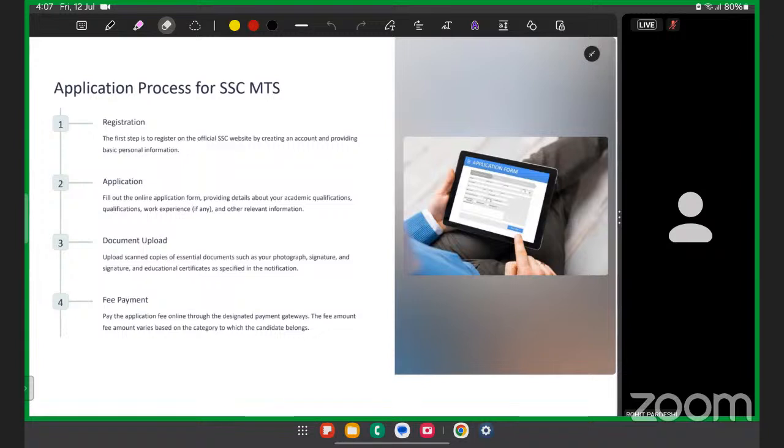Once you complete your application, upload all your documents, and make the payment, you'll be successfully registered for the MTS. Can we move to the next screen? Next slide, please.